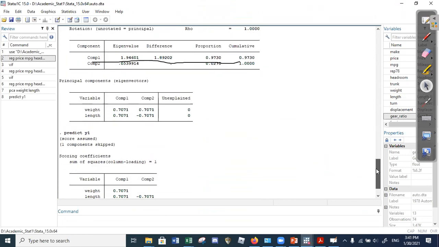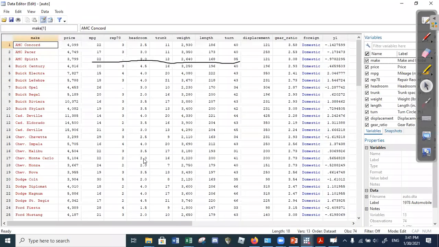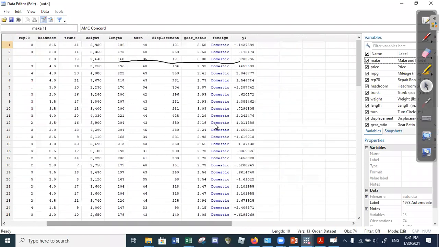And then when I give the predict, this y1 is the name that I have given from my own side. So if I look at the data, at the end of the data, you will have a new variable created by the name of y1.